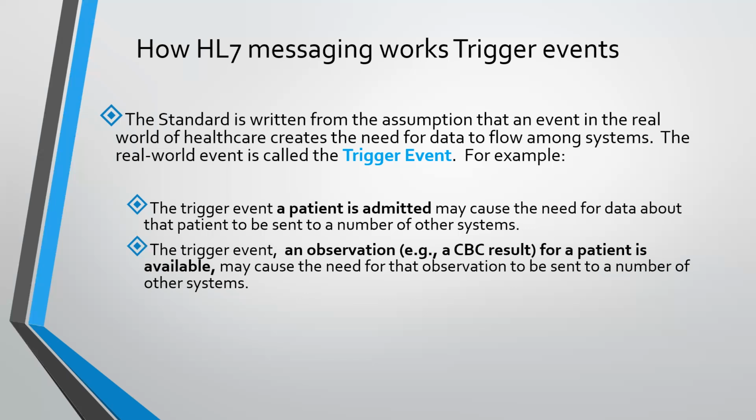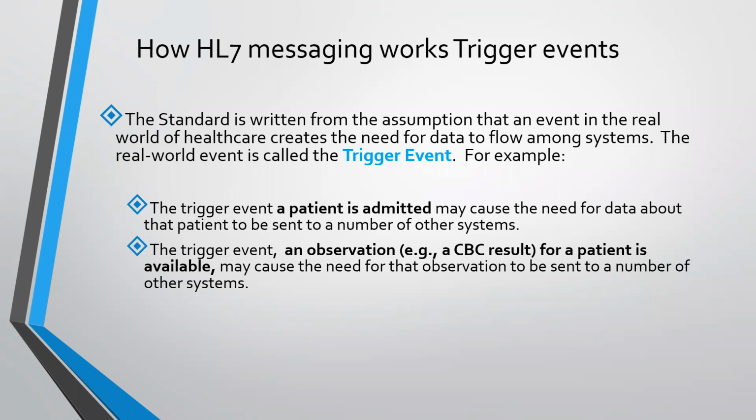Few of these events will need the data to be sent from one system to another. In the series of events that we have seen just now, whenever a patient is registered, data has to be sent from the PM system to the EHR system. When the doctor places an order in the EHR system, this order has to be sent out from EHR to the lab so that the lab will have that information and the patient's test can be performed.